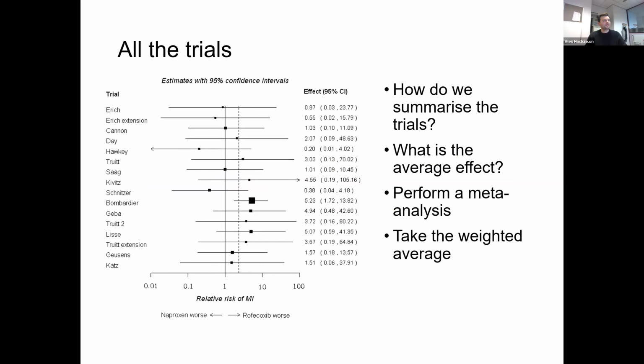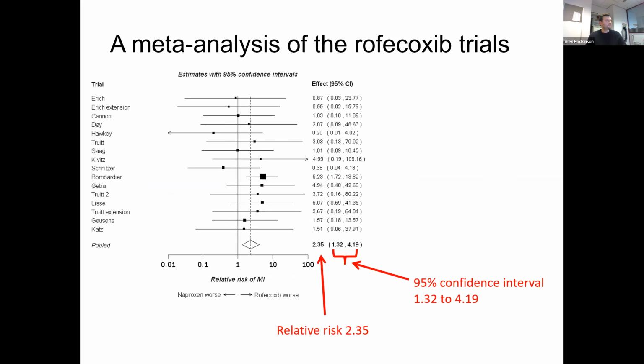So what we need is a meta-analysis. We need to combine all the randomized controlled trials comparing Rofecoxib with naproxen in one simple combined meta-analysis. This is what they concluded at the time of withdrawing the drug.